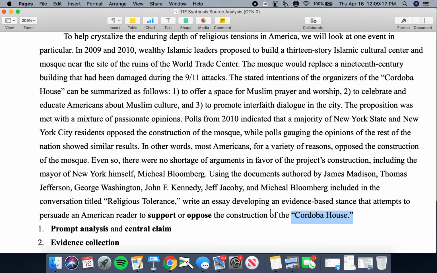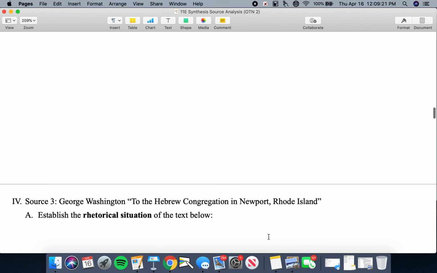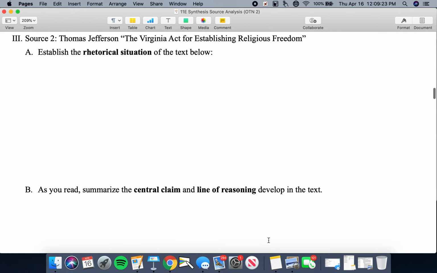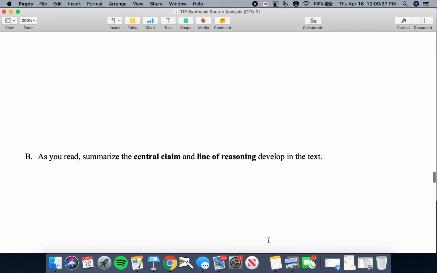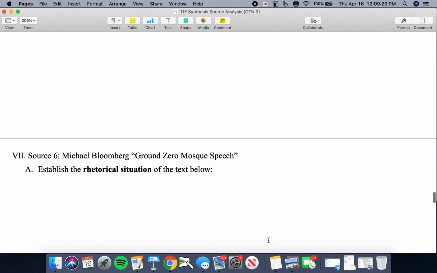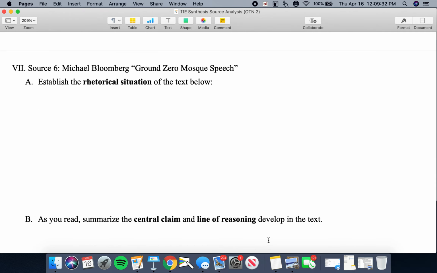So obviously, those kinds of things have to be considered, and Jeff Jacoby's article helps raise some of those similar questions. And then finally, the sixth source, spoken by Michael Bloomberg, called the Ground Zero Mosque speech, is a contemporary document about the construction of the Cordoba house. So no matter how you slice it, you probably need to deal with this source in some way, shape, or form.